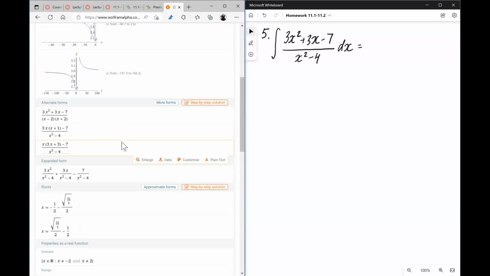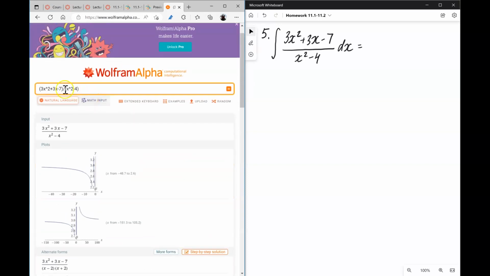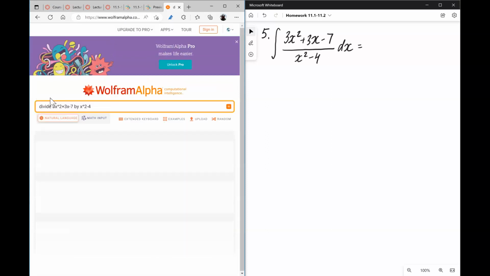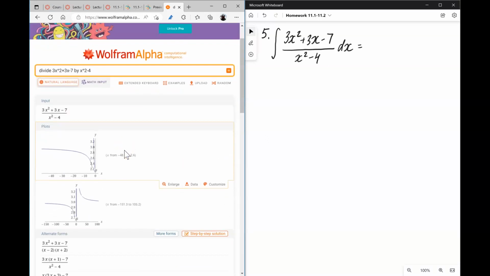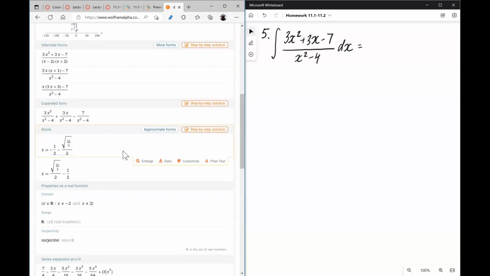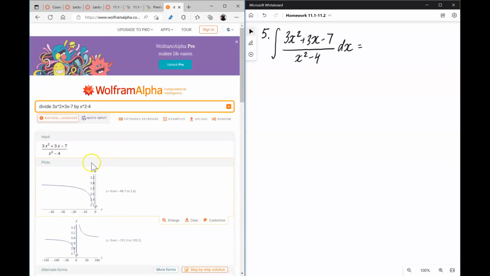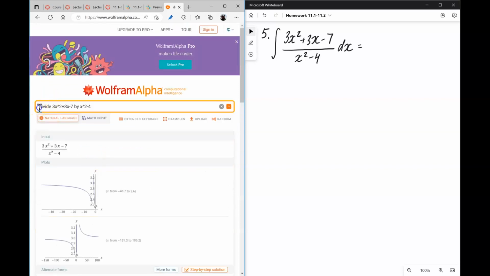It doesn't give me the quotient, so I'm going to be very specific then. Divide this by this. Interesting.